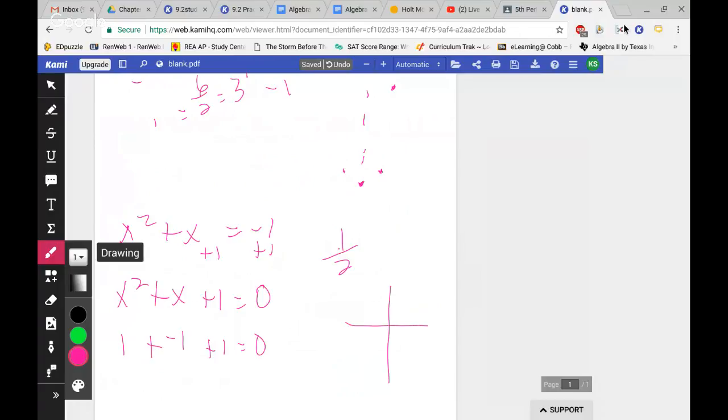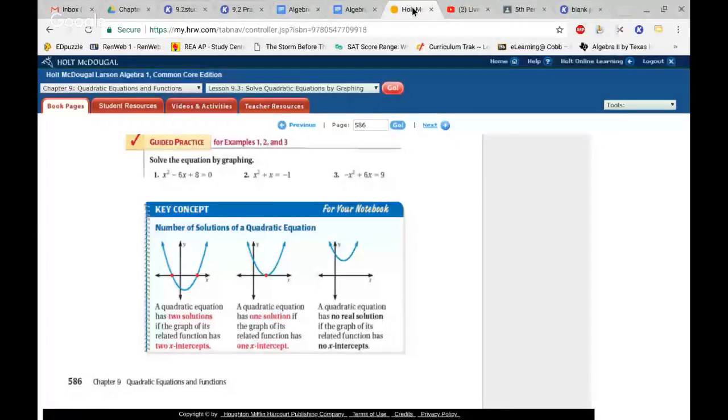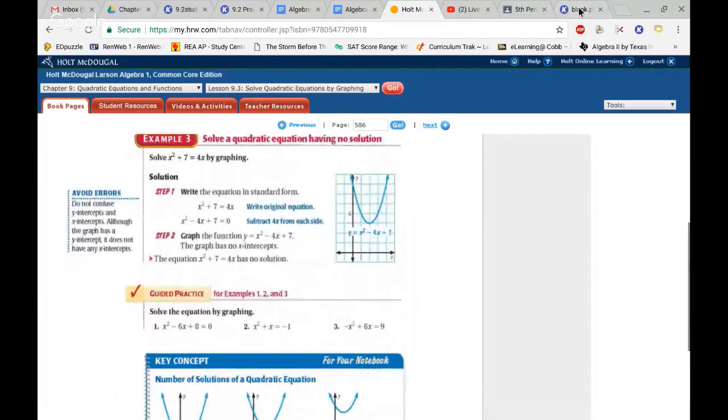Oops. That is not a fun guided practice problem at all. I can't believe they came out of the gate so hard.